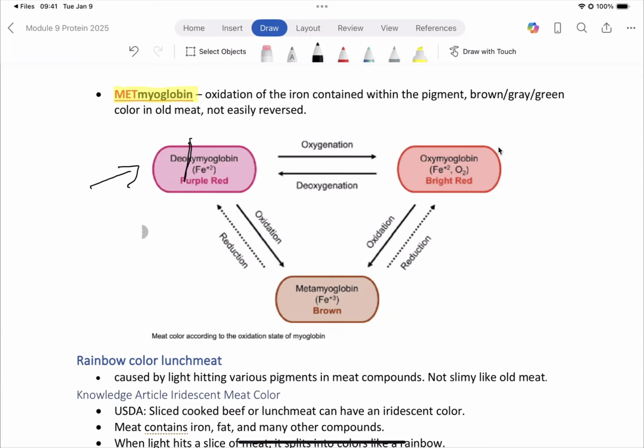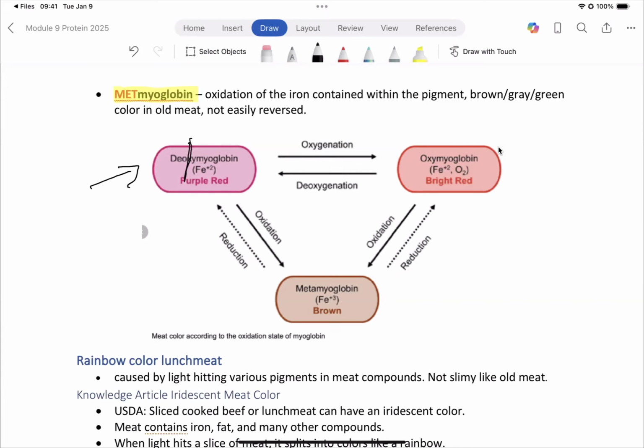When the meat's exposed to air. Before the meat is exposed to air. Great, right, John? Before. So when you cut into a cut of meat, what color is it? When you cut it, fresh, first thing, what color is it? Bright purple. Red. That's right.